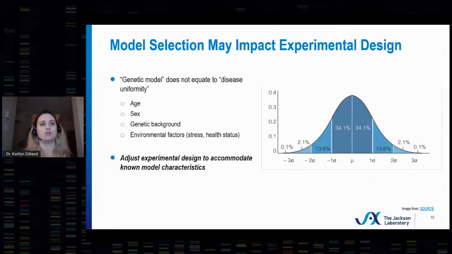And so you may need to adjust your experimental design in order to accommodate these known characteristics. You may need to consider increasing your sample size, maybe using more than one model, just to give you a couple of examples.